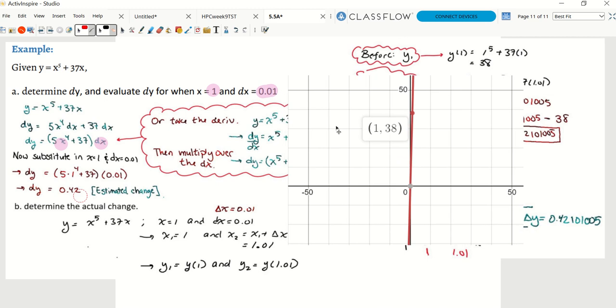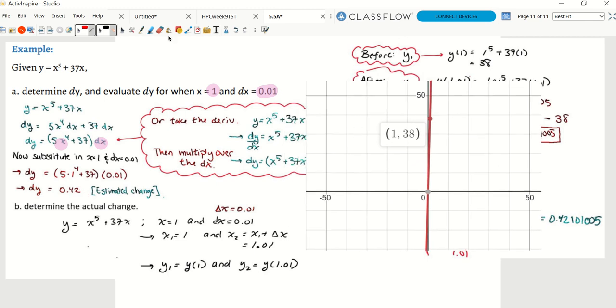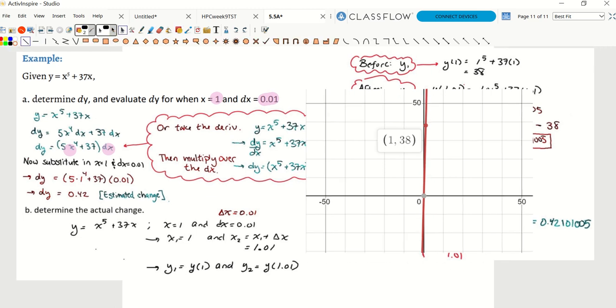Now, one thing to note is this. What we're essentially doing here is, let's say I were to write an equation of a line in point slope form using this slope right here, and I plug in 1 for x to find out the slope at x equals 1, and I get this diagram over here.